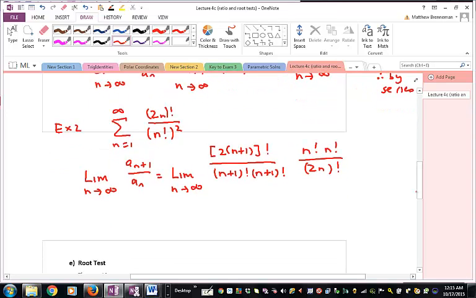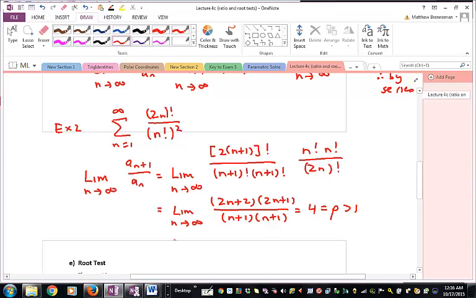And when we get down and evaluate this, what we're going to find is that after a little bit of cancellation, this will become 2n plus 2 times 2n plus 1 over n plus 1 times n plus 1. And so this limit will converge to 4. That's our rho, which is greater than 1. Therefore, by the ratio test, the series diverges.